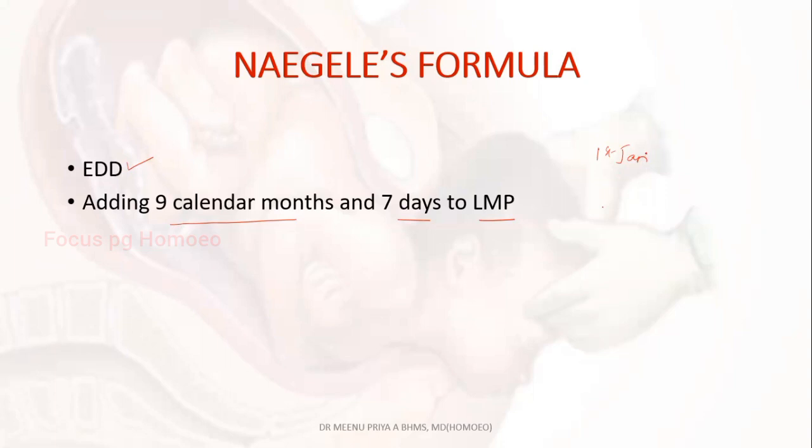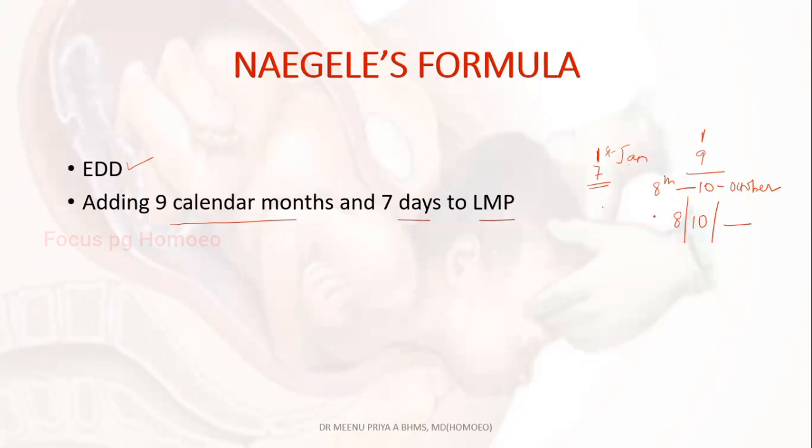An easy example: 1st January is the LMP. To this we add 9 calendar months. The month of January is 1, plus 9 is 10, so it is October. And to the 1st we add 7 days, so it is 8th. So the EDD is 8th October, whatever year it is.